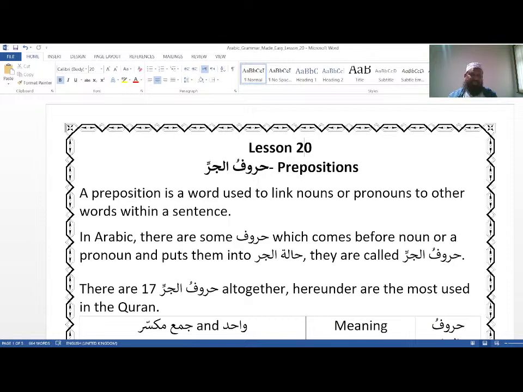A preposition is a word used to link nouns or pronouns to other words within a sentence. So other words means either we link to an ism or to a fail. In Arabic, there are some huruf which come before a noun or a pronoun and put them in halatul jar.